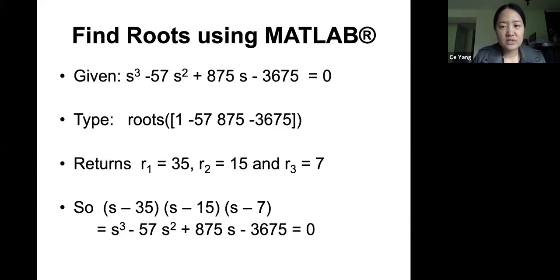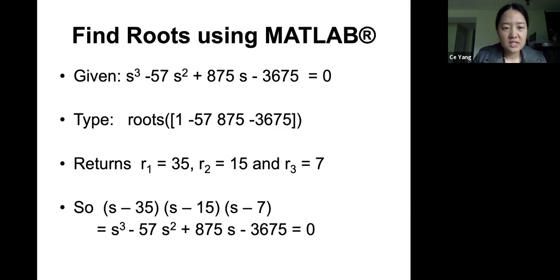To find the roots, we can use MATLAB. Here we have an example. Given s cubed minus 57 times s squared plus 875s minus 3675 equals 0, we can type the following command in MATLAB, which is roots. Here we use a bracket. Inside, we put the parameters for the s to the power terms.